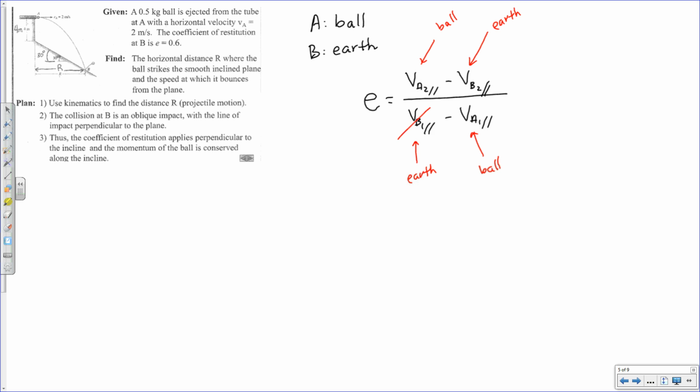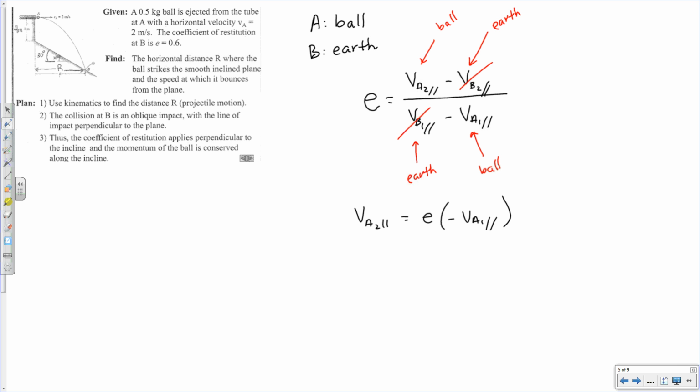Well, the Earth doesn't change its velocity in any meaningful way, so those just go to 0. And we find that VA2 parallel, the component of the ball's velocity parallel to the line of impact after the collision, is equal to the coefficient of restitution times negative VA1 parallel.